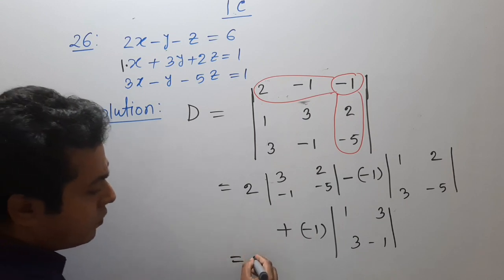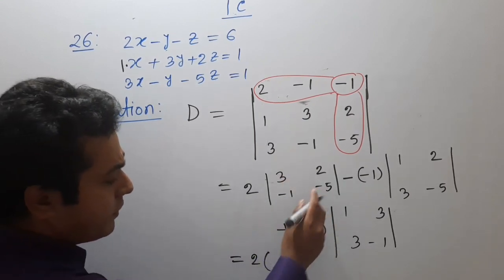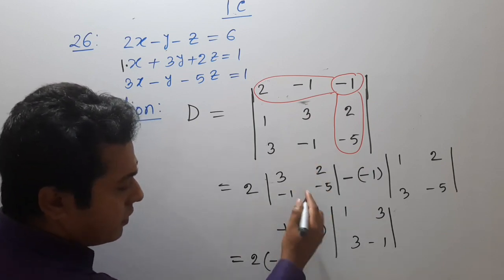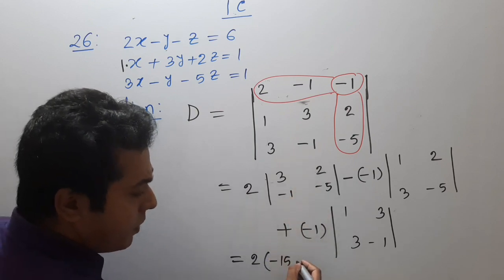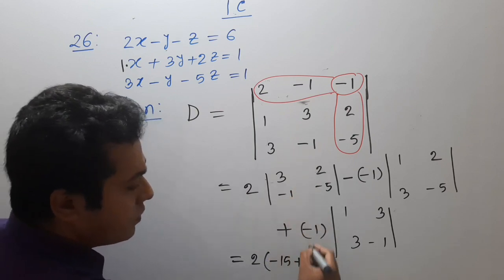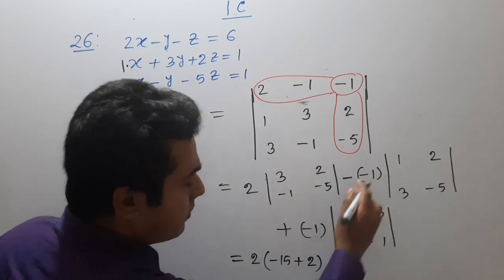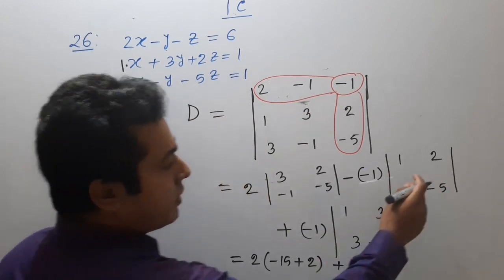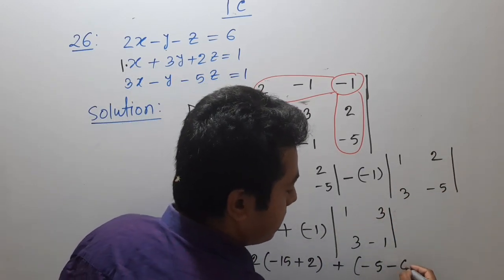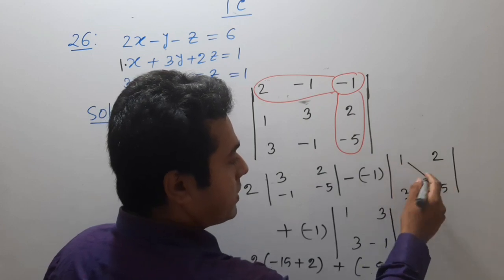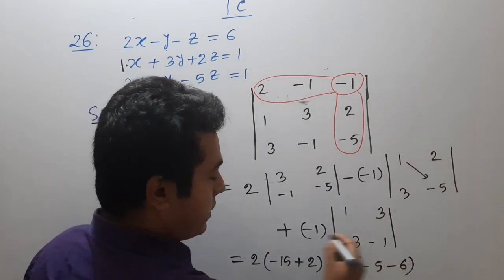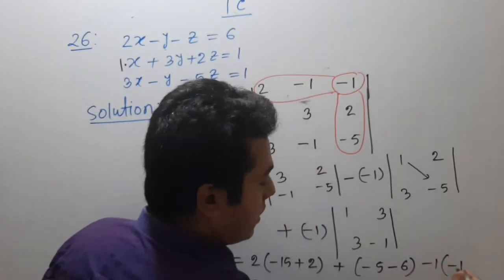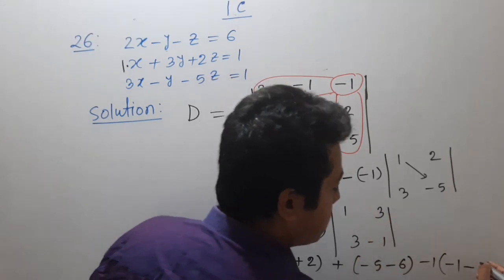Now the value: 2 times minus 15 minus 2, and then minus 1 times minus 5 minus 6, and then minus 1 times minus 1 minus 9.